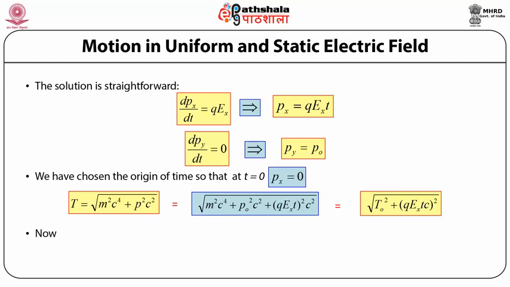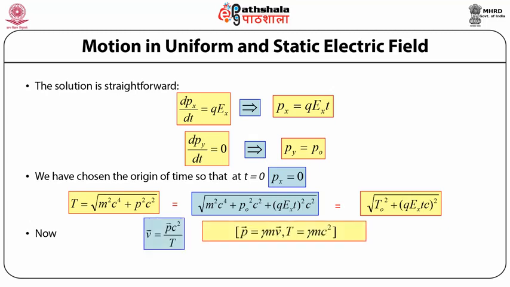The relativistic relation between the kinetic energy, momentum and velocity can be written as v = pc²/T, where p = γmv and T = γmc². Thus, v = dx/dt = pc²/T.